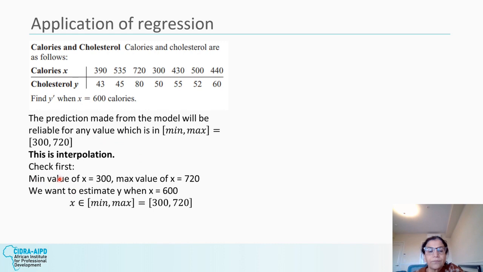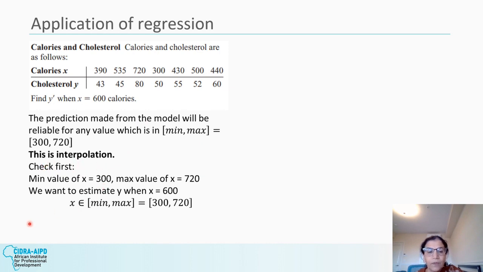We are going to estimate Y when X is 600, so it is in the interval from 300 to 720. X is in the interval minimum to maximum. This type of prediction, where we interpolate between the minimum and the maximum, is interpolation.